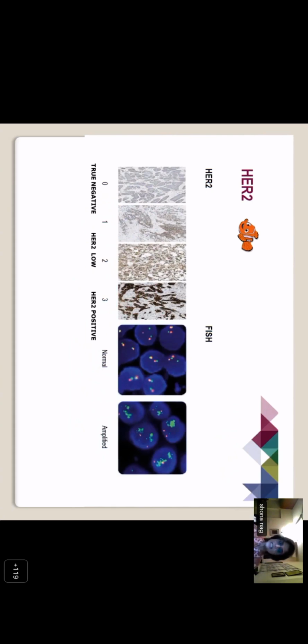So 0 today is considered as true negative. We have the HER2 low, 1 and 2. If you have a HER2 2 plus, it is equivocal by IHC. You need to confirm it by FISH. 20 to 25% will be FISH positive, but the majority, over 75%, will be HER2 FISH negative.